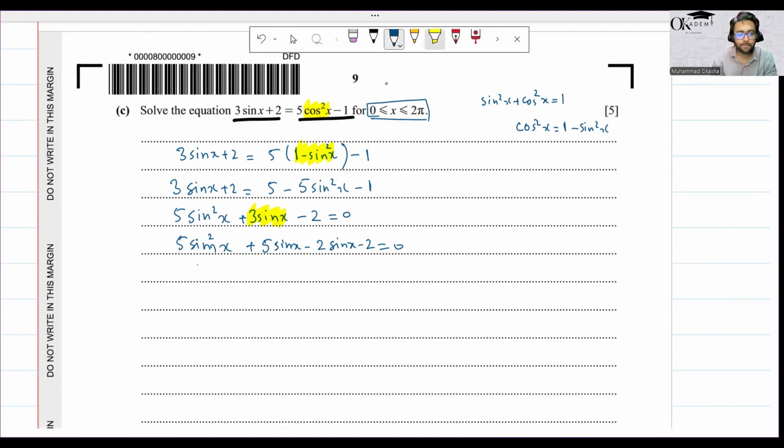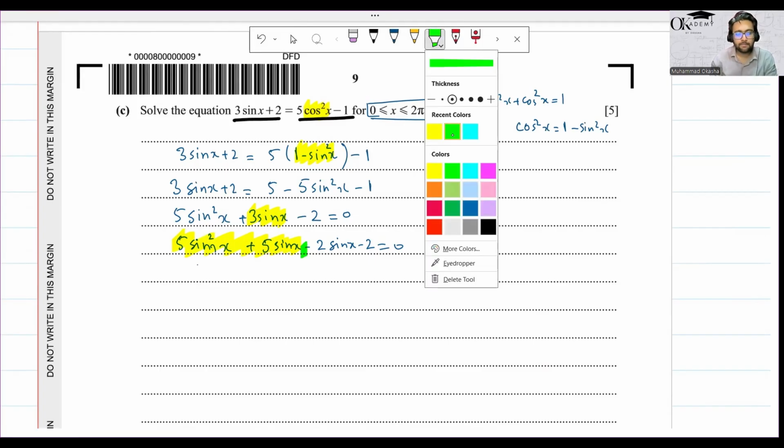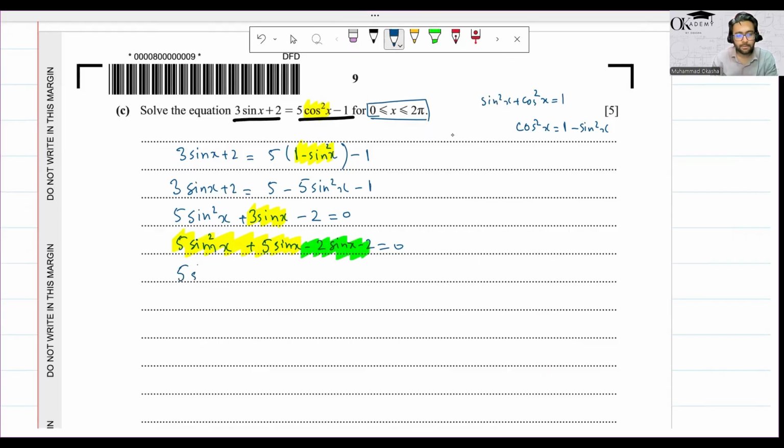Now I have the two parts of this. Let's factorize from each one. I can factorize 5 sine x and I'll be left with sine x plus 1, right?